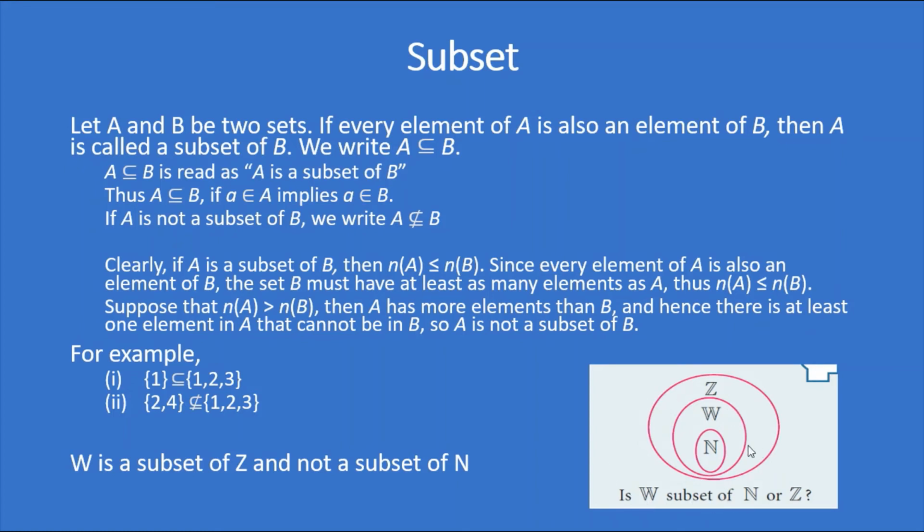Here, if you see this picture, the bigger one is Z, the next comes W, and N, the natural numbers, is the smaller one.